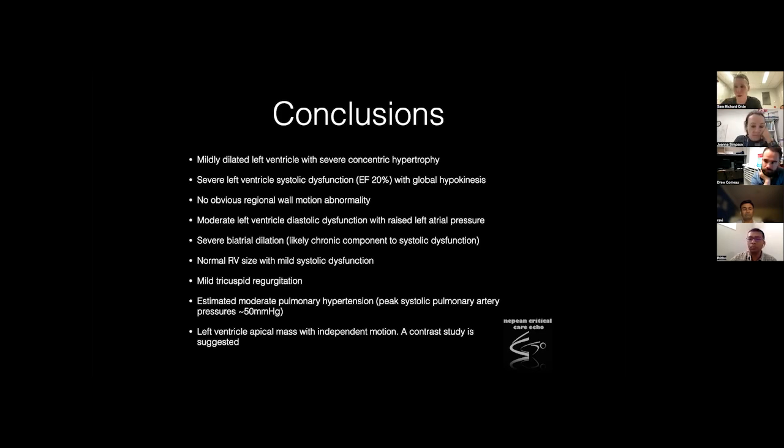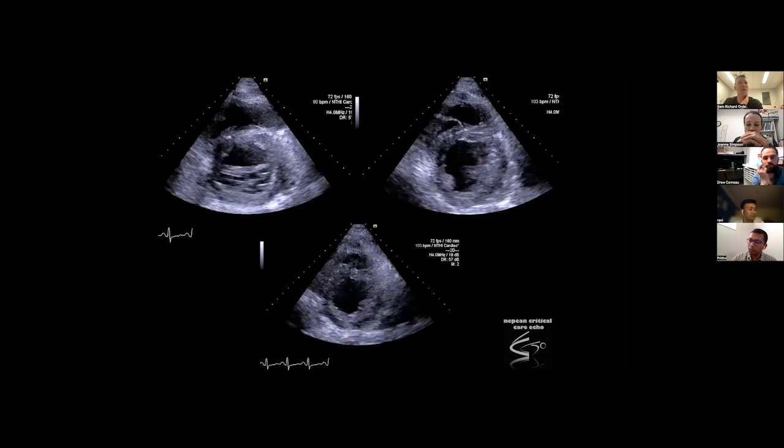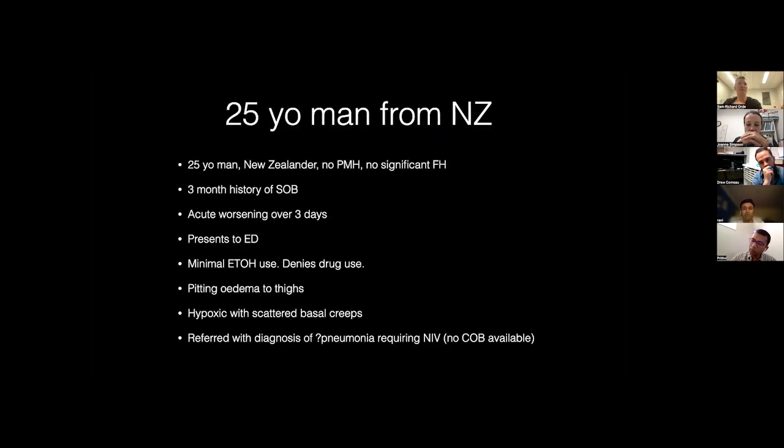And then the final part is the key for me, which is integrating what you've just said into the clinical findings. So just a sentence about, for example, on this one, it might be something along the lines of, there is a clear cardiogenic component to this gentleman's shortness of breath, which is likely chronic in origin. There may be an acute component to it.